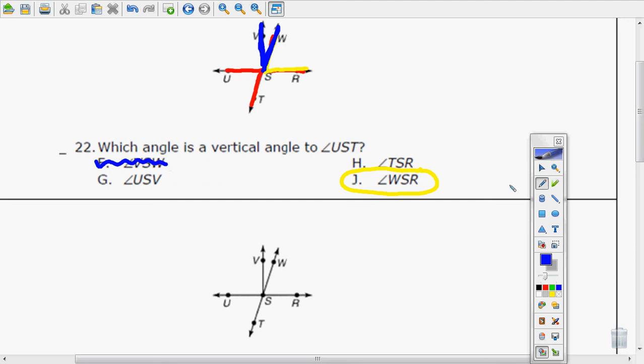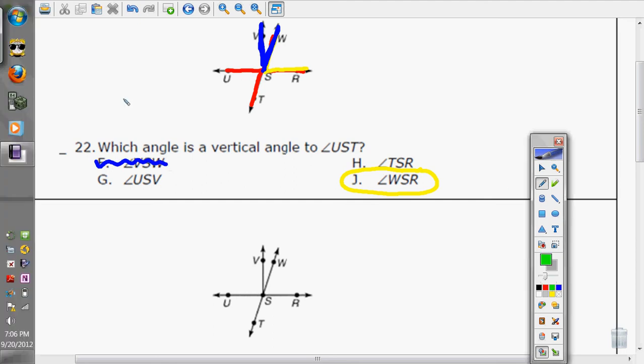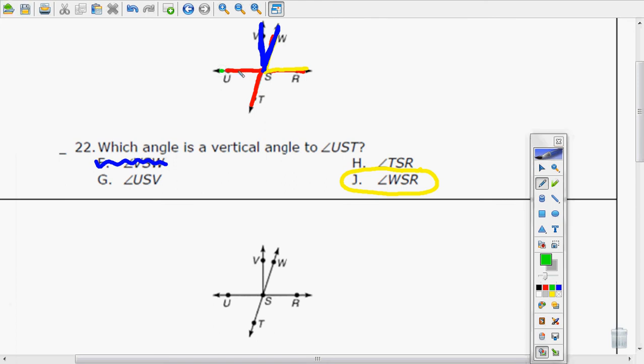Rule that one out. Then we have USV. Okay, that can't work because it is adjacent to UST. And we know that vertical angles are non-adjacent.